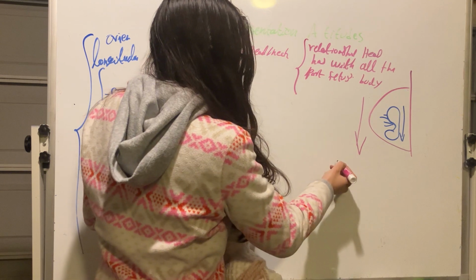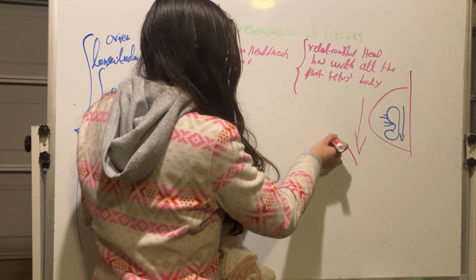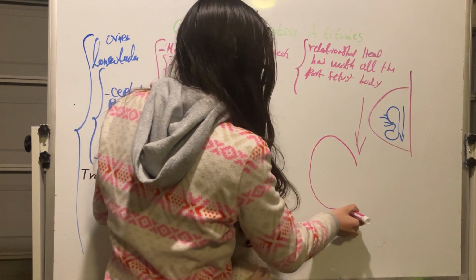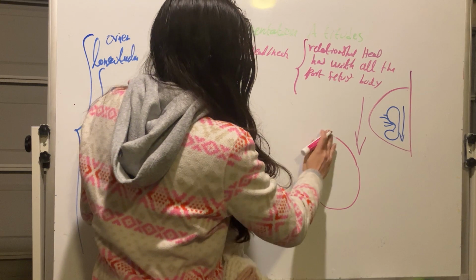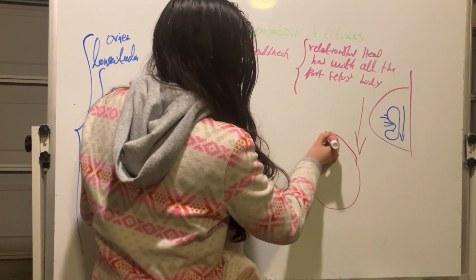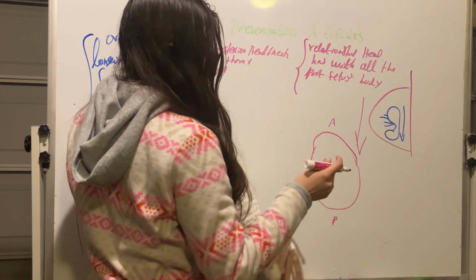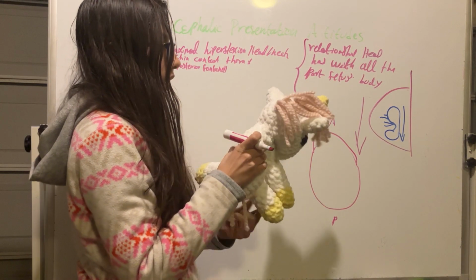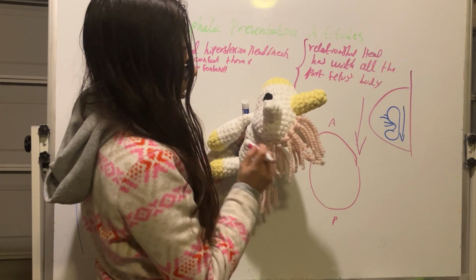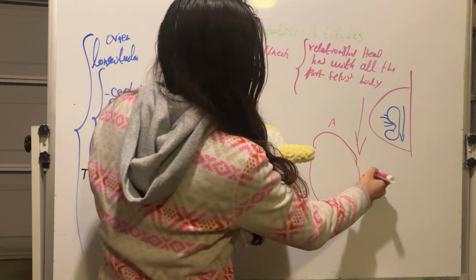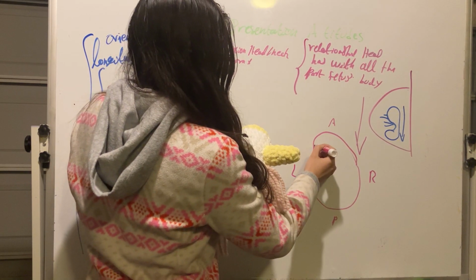Let's say this is the head. This is anterior, this is posterior. So we are seeing the head like this. This is anterior, this is posterior, this is left, and this is right.